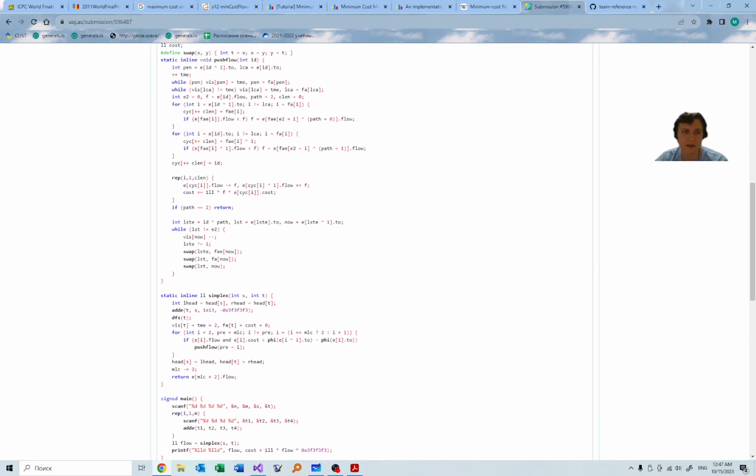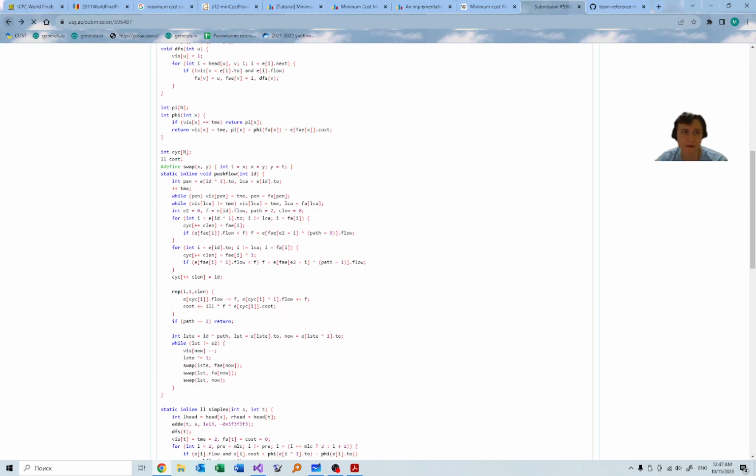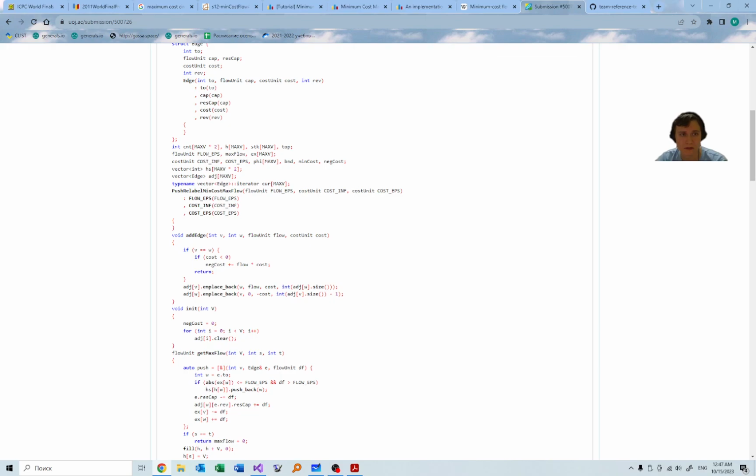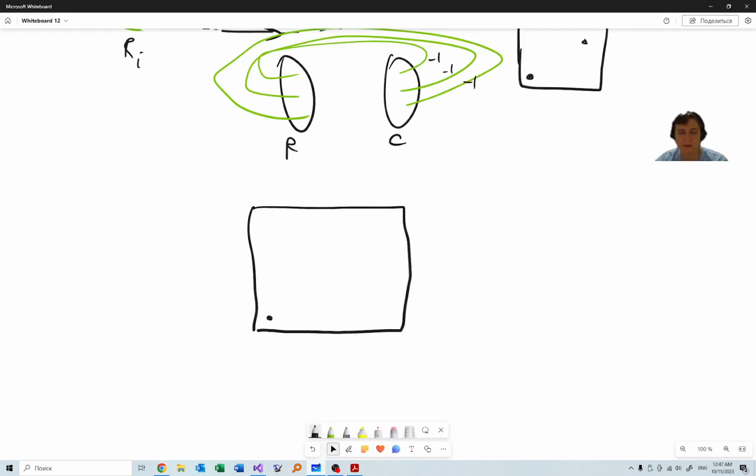Why is it always simplex? I really want to solve it during the contest, so maybe I just find any negative cycle, not the minimum one.